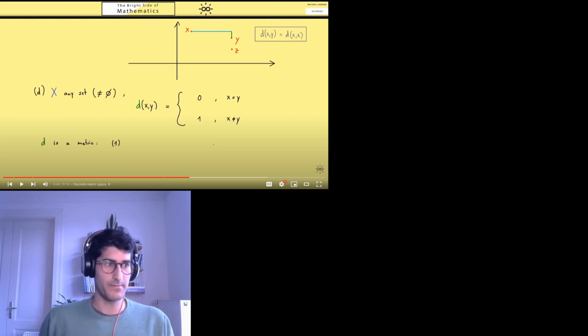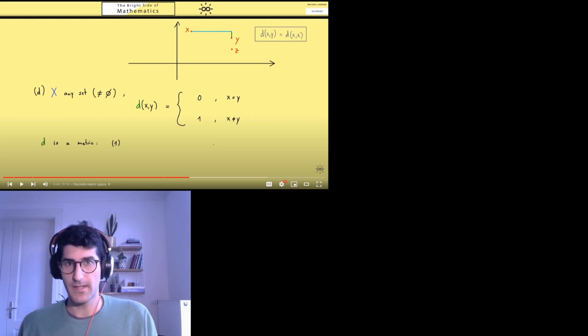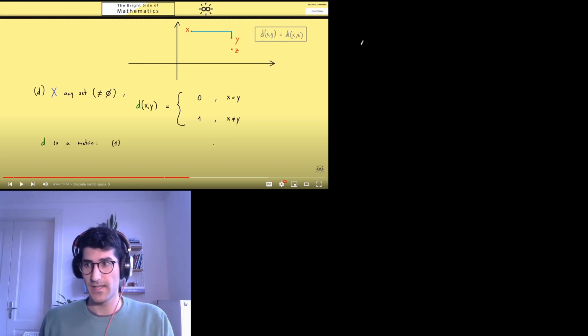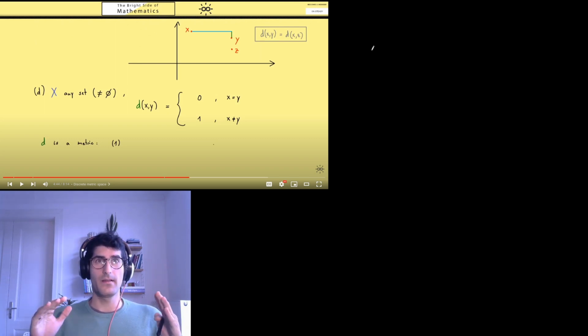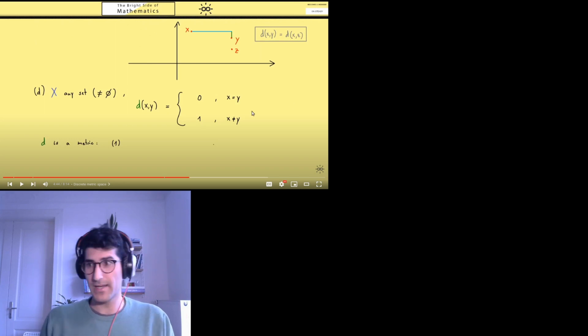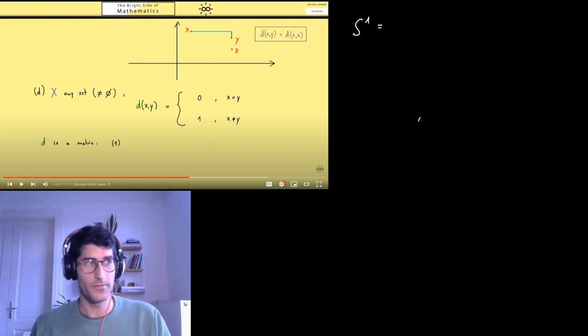So let's close with a nice picture, because something that relates to notions of distances in a metric space is the way that the unit circle looks. And as already was announced in the video, the unit circle might look a little bit different from what you may expect. So again, S1 is now the unit circle, but I'm going to define it depending on the metric that we use.